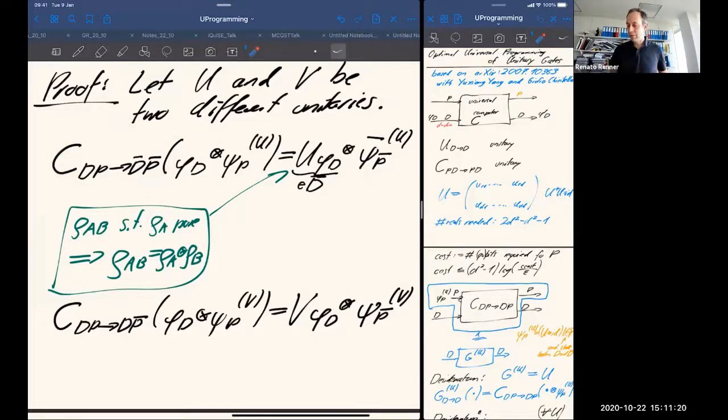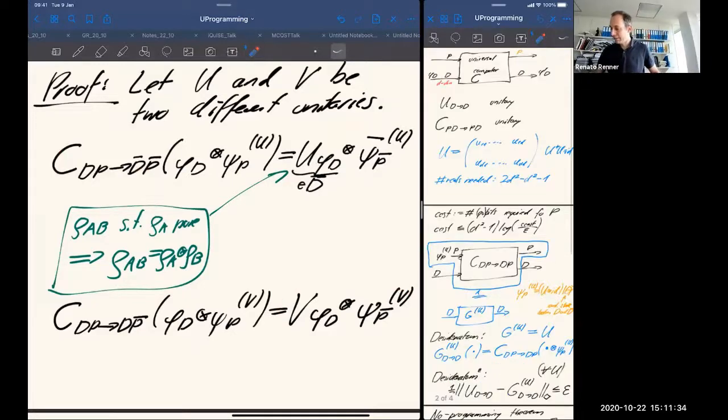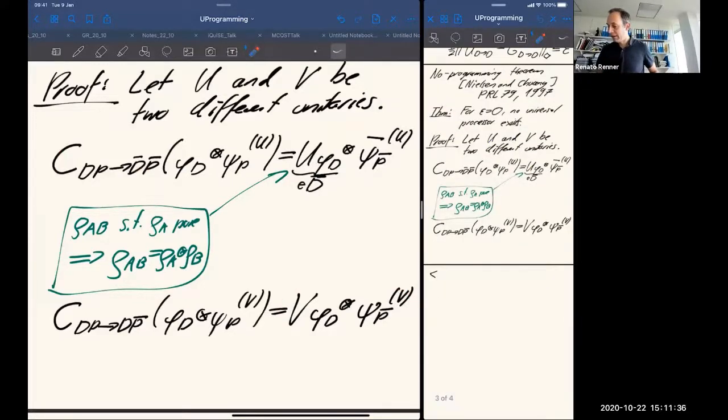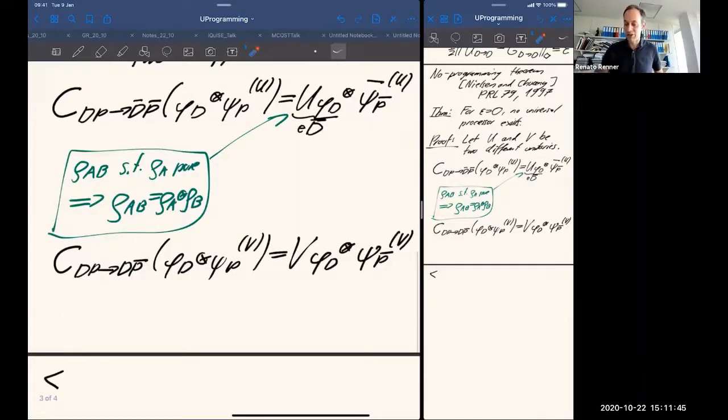So if I drop this and this, then the scalar product between only this input and this input should still be the same as the scalar product between this and this. That's the idea. I hope that's clear, but I'm really just saying this thing here doesn't have an influence on the scalar product because it's a unitary. The unitary is by definition something that doesn't change the scalar product.